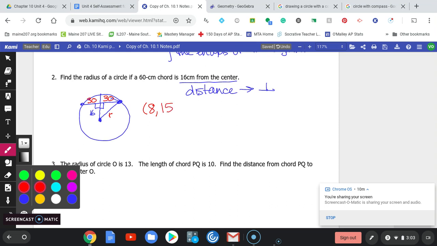If you remember your Pythagorean triples, this means that we've got an 8, 15, 17 triangle that's been multiplied by 2. And so the missing side is 34, and that's going to be the radius for that circle.